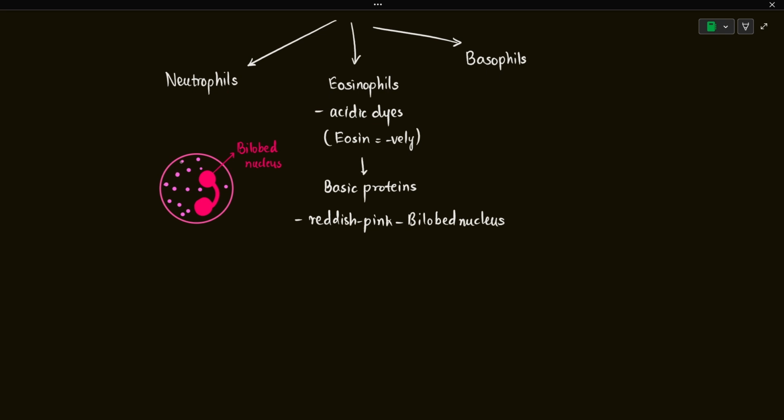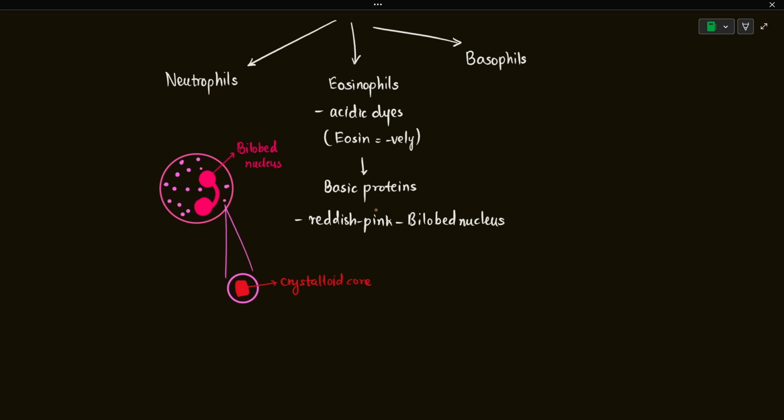If we zoom in on those granules, what we can see is that they have a lipid membrane. They are made up of a lipid bilayer, pink in color, and inside these lipid-bound granules there is a crystalloid core, which will have the basic proteins.